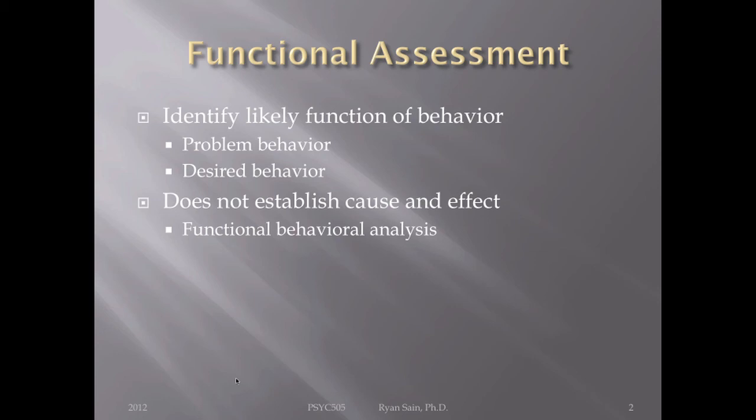To give you an idea, it gets so funny to talk about because they're all the same letters. A functional behavior assessment will get you close to what is maintaining and influencing behavior in terms of SDs and MOs and reinforcers and all those things. Once you have that, then you can do an experiment to see if you're right.